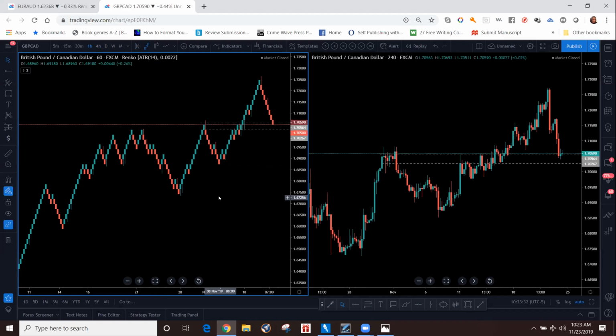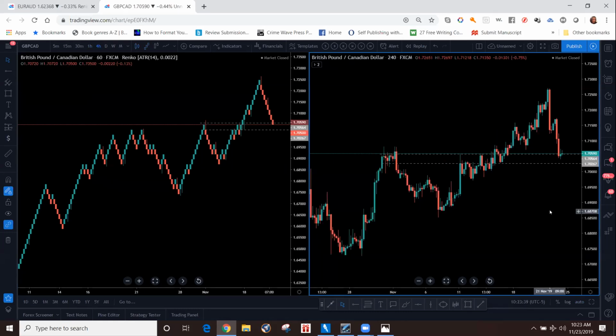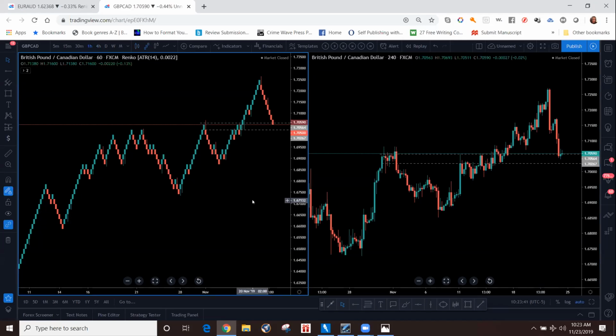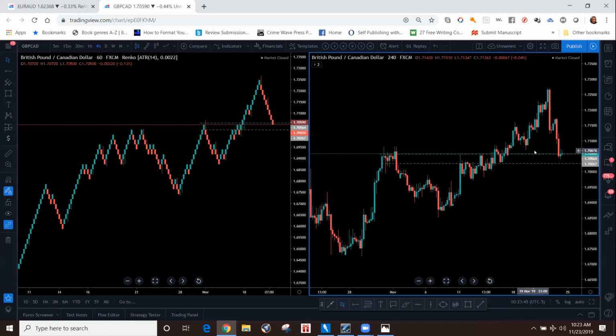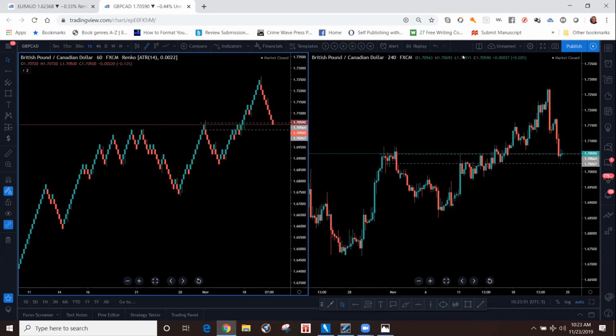They're like, I like Renkos, but I can't set alerts. I said, yes, you can. Just chart it up and set it on the candles. Does that make sense? Because if you want to trade with Renkos, just put the alert on, but you have to put it on the candle view. It's going to give you the same thing. It's going to go off at the same time. All right. Any more questions?